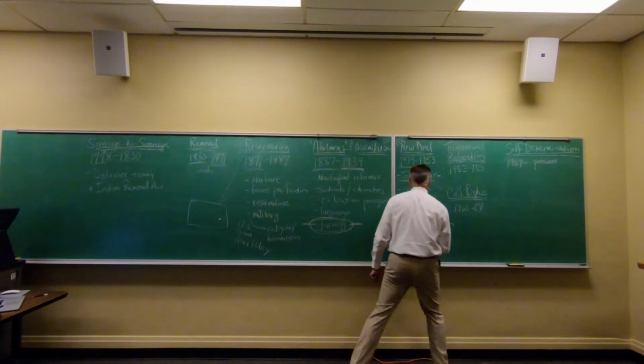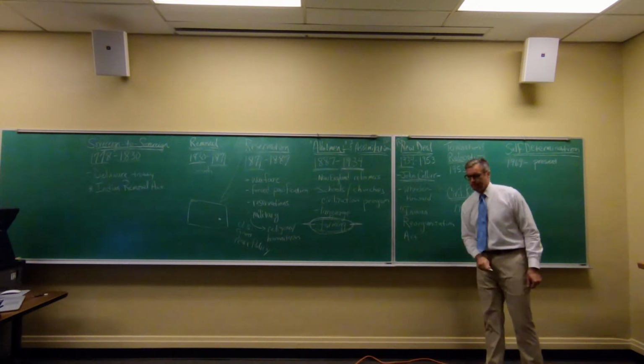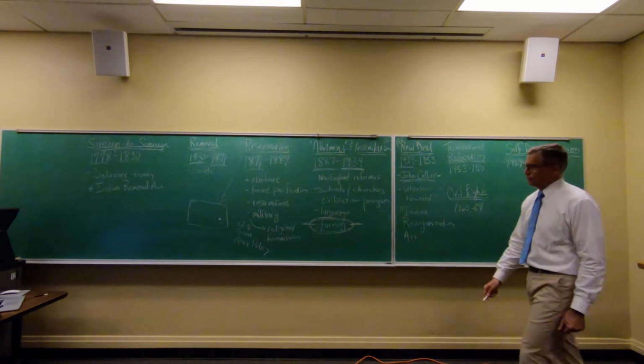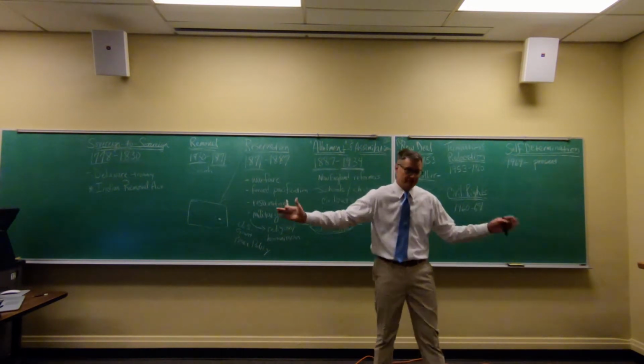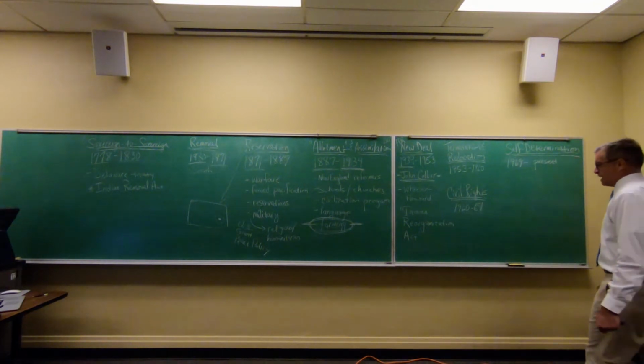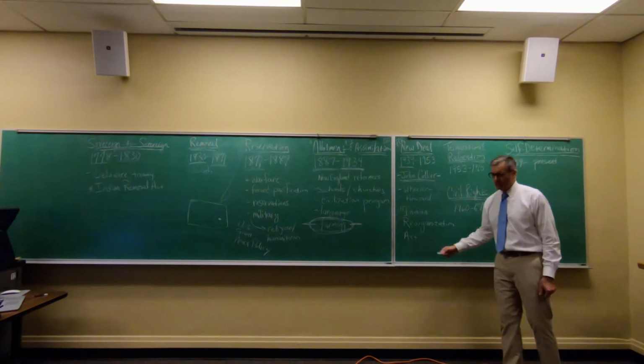Indian Reorganization Act, or IRA. Now, the IRA could also refer to the Indian Removal Act of 1830, but for the most part, we're going to refer to the Indian Reorganization Act of 1934.